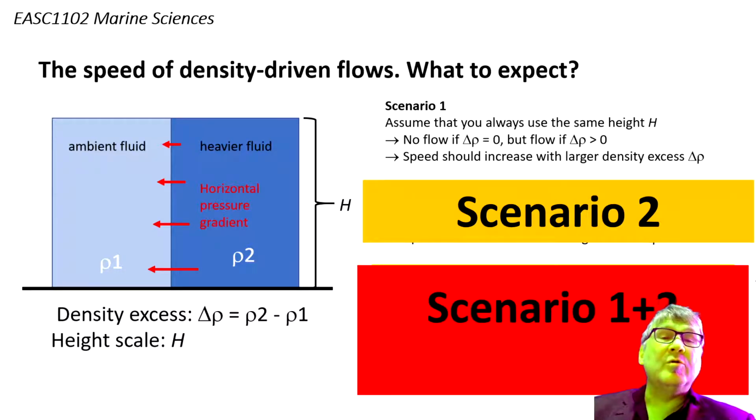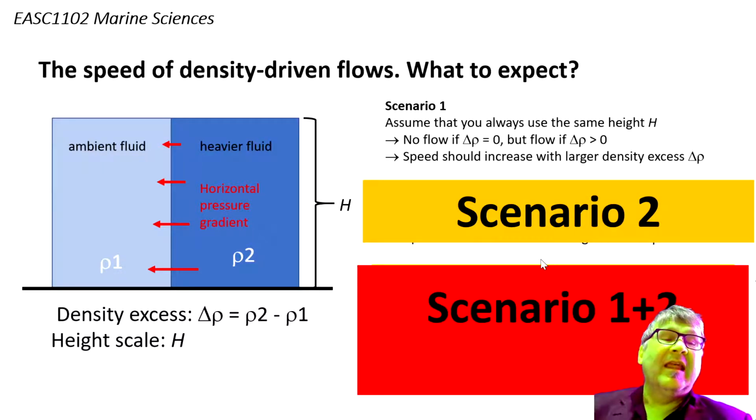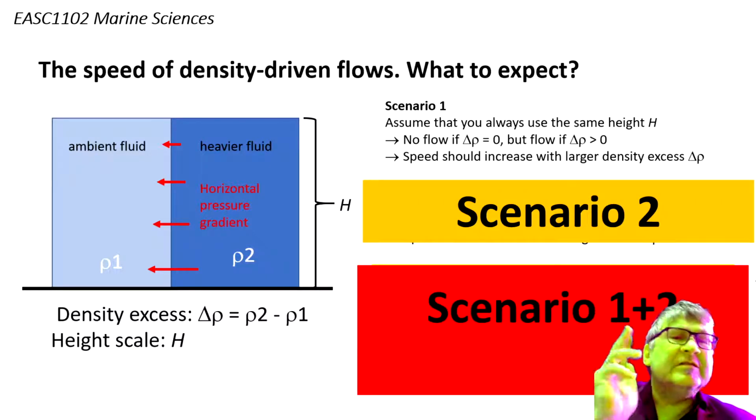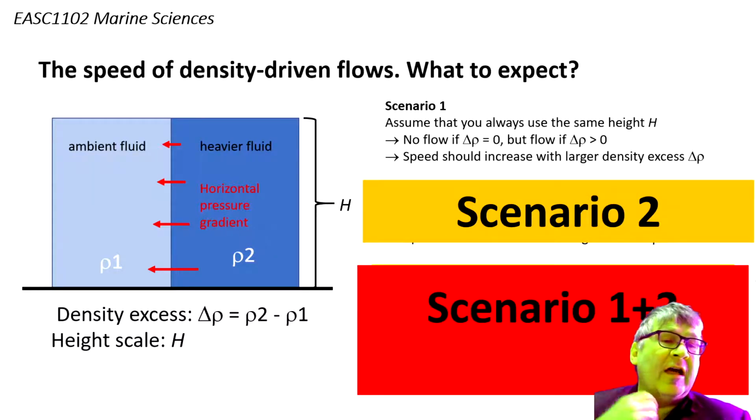If delta rho is 0, nothing will happen. But you get flow if you have a positive difference, if delta rho exceeds 0. So it's pretty straightforward to assume that the speed should increase with larger values of the density excess. That's already one hypothesis, and it's even more than a hypothesis, because this is trivial. It's trivial that you get no flow at 0 and you get a flow for larger values.